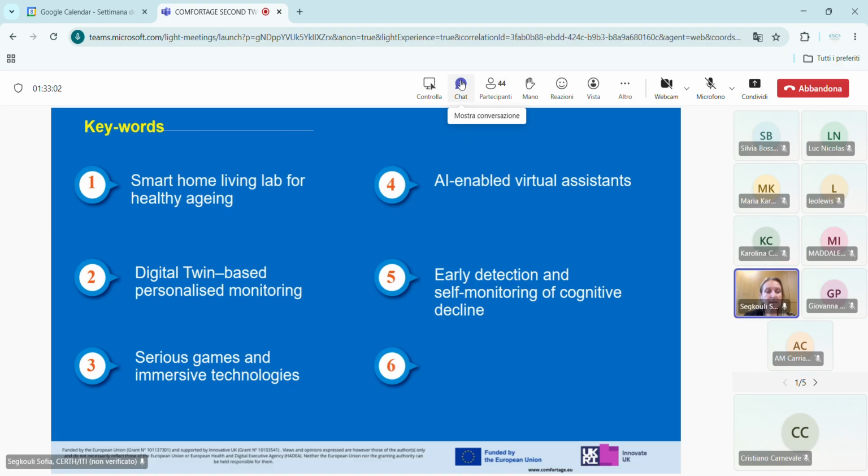To this end, it combines innovative solutions such as digital twin technologies for personalized monitoring, serious games and immersive technologies, and AI-enabled virtual assistants. All these technologies integrated in one ecosystem are designed, developed, and implemented to detect early cognitive decline.